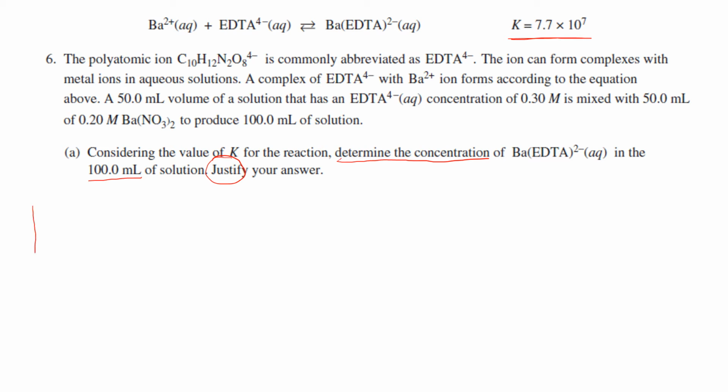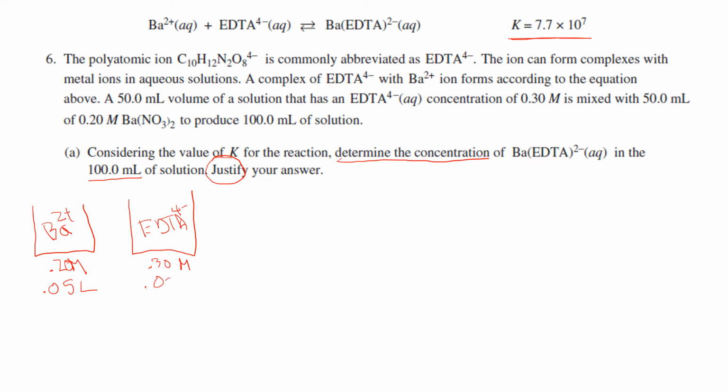Let's take a look at our two reactants. All of my barium ions are coming from that barium nitrate, which is a 0.20 molar solution, and I've got 0.05 liters of that. And then the EDTA 4- is coming from a 0.30 molar solution.